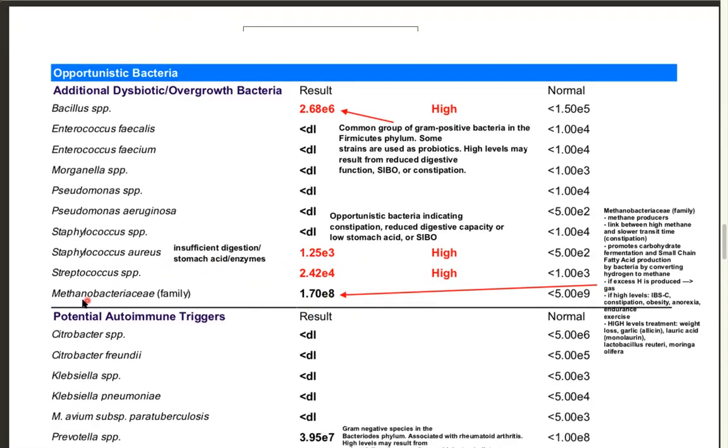I just made a note here for methanobacteria, because methanobacteria are methane producers. If this number is high, and it is just under the normal limit, but it is there, it could be associated with slower transit time in the gut. So that could lead to things like constipation. This patient does not suffer from constipation. She is going to the washroom daily, and she's having 1 to 3 bowel movements a day.